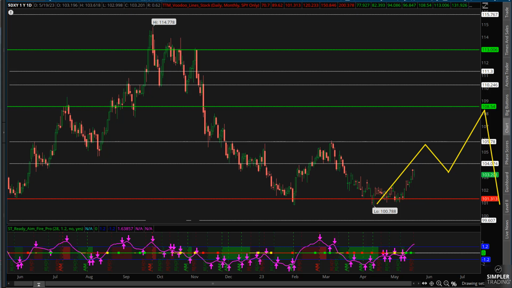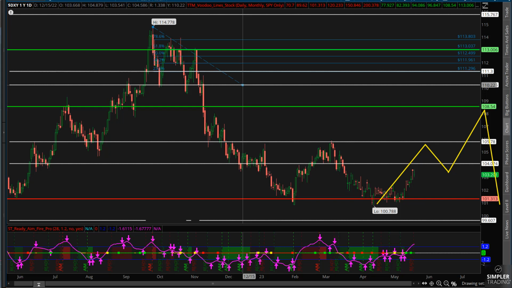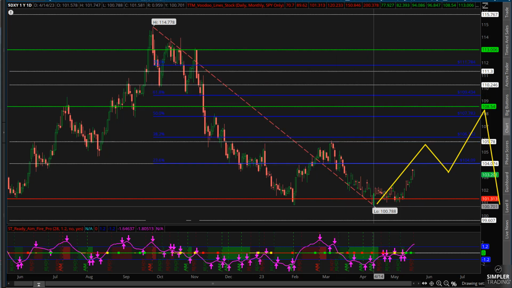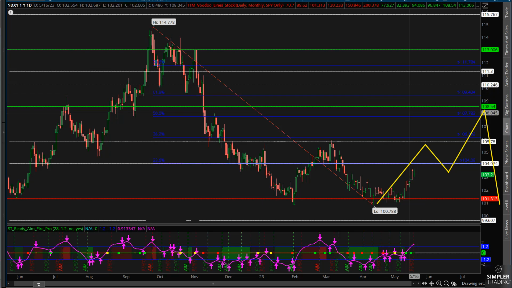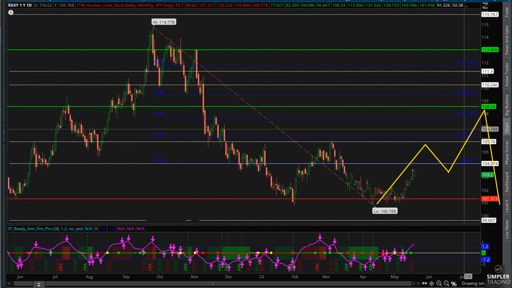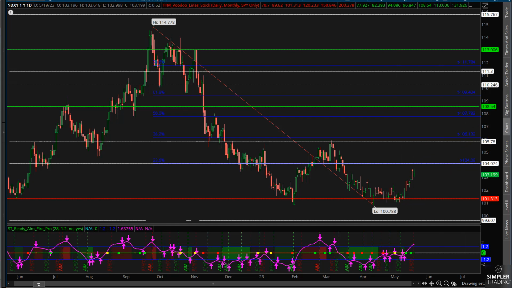So if we look at it from the fib retracement standpoint, measure swing high to swing low, the 61.8 goes a little bit beyond that tree line. It goes up to about 109.5, but somewhere in there, 108.5, 109.5 would be a good size bounce.